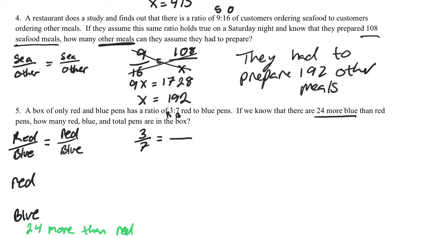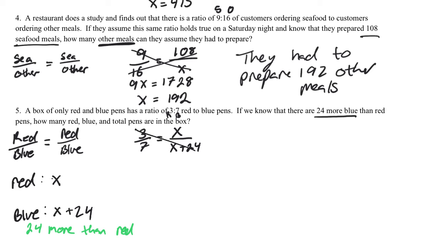Because red didn't have anything written, that means that's my starting value, the one that I'm going to base everything off of. And blue is going to be whatever red is, and then 24 more. So plus 24. So now I have something to describe red and blue, and I can put it into my ratio. So we said red is our X, and blue is however many there are for red, plus 24.